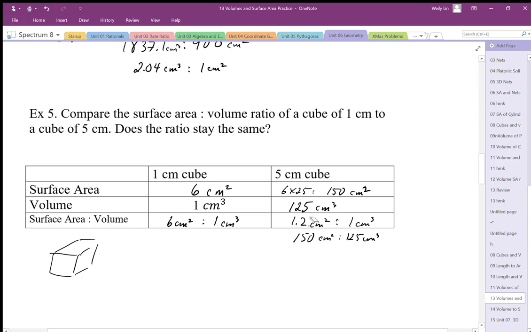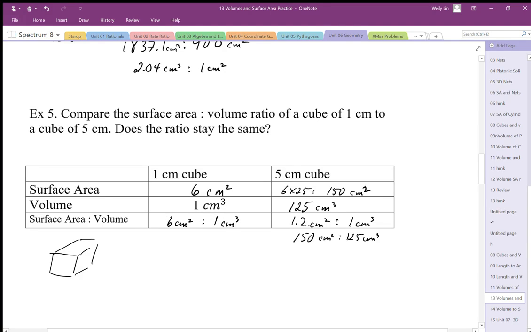So what happens is the same shape, but as I get bigger, I have less surface for each centimeter of volume. Because what ends up happening is, as I make this bigger, there's more cubes that get hidden inside. So imagine a whole bunch of cubes, like those Unifix cubes. A bunch of cubes get hidden inside and don't have any surface exposed. Here, this cube has all surfaces exposed, so we have a greater surface area to volume ratio.